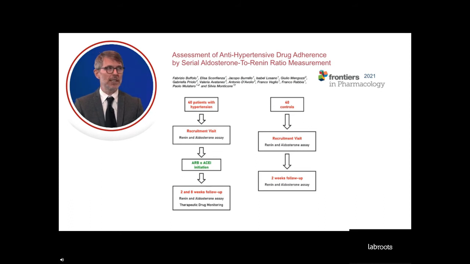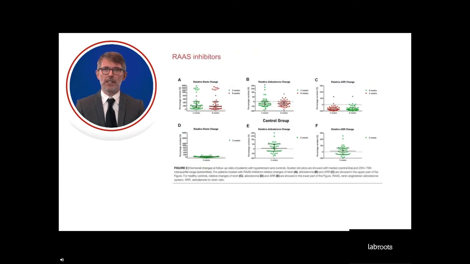And you can see that after 2 to 8 weeks, aldosterone level went down and renin level went up, whereas in normal volunteers, the two hormones displayed a very small variation. So we could define a cutoff, around 50%, that could identify patients that were non-adherent.